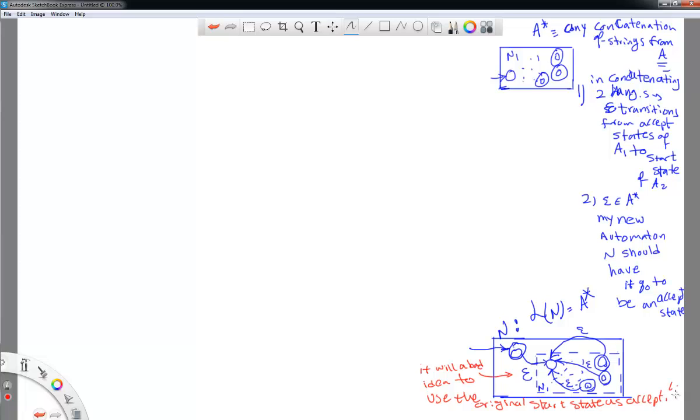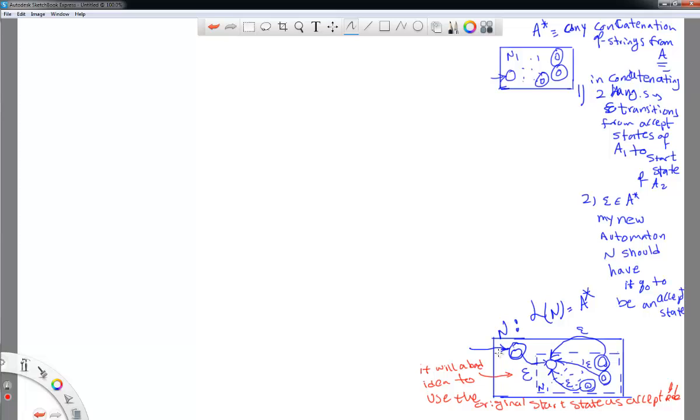You may have noticed that, in order for my language to accept the empty string, I added a new start state, made it an accept state, and made it transition into my original start state.